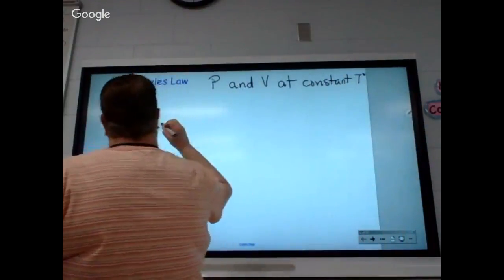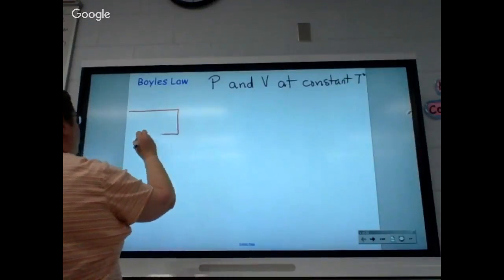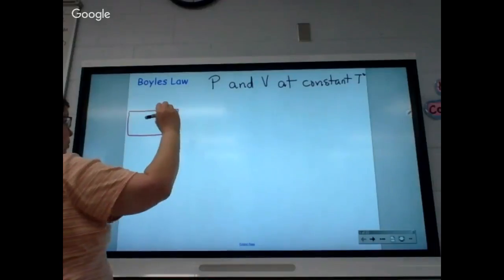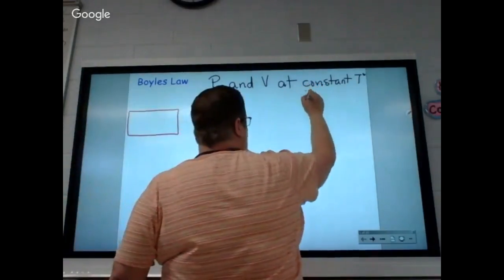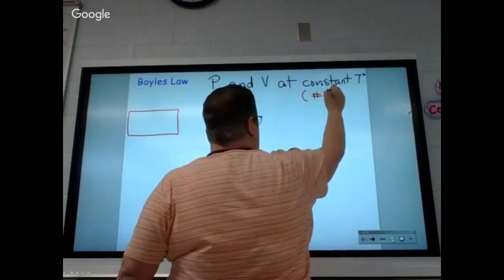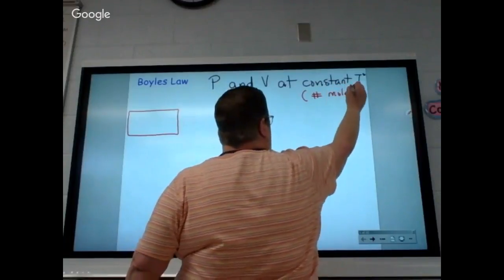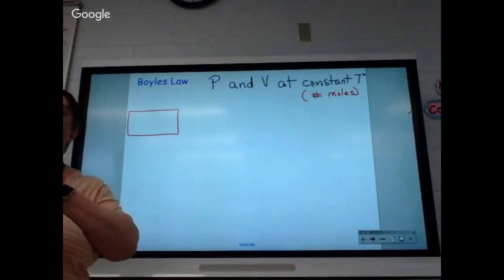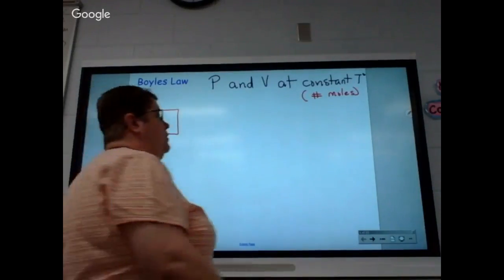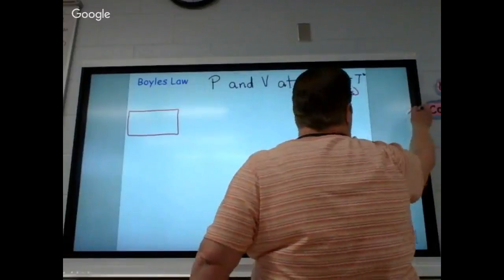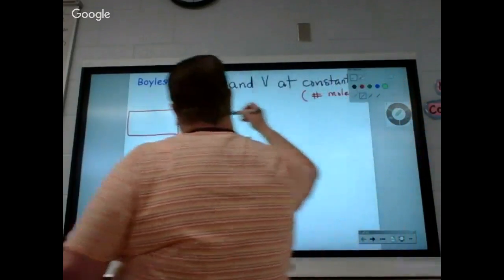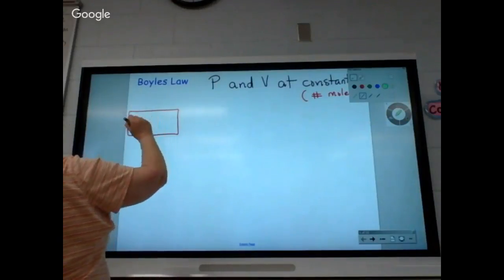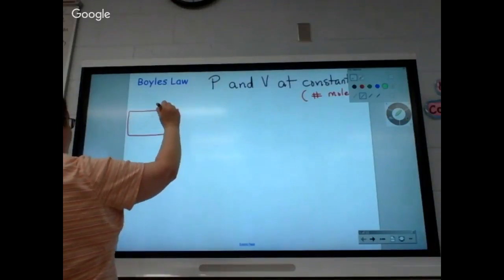Let's say that we have a container. Some gas is in a container. The number of particles, okay, the number of moles are also constant. So I'll put that over there with the constant because that's not really important for what we're talking about. So when I draw in some gases in here and some little dots, do you need to concern yourself with how many I'm drawing?